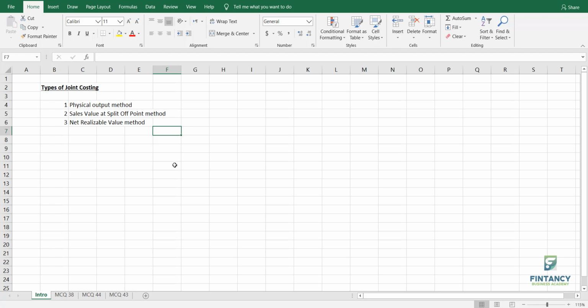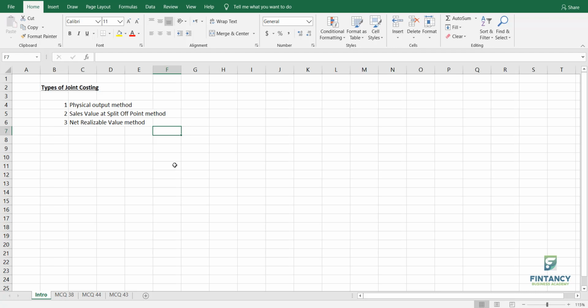Similarly, when you process milk, you will get milk itself, and when you boil the milk, you may also get yogurt, cream, fresh cream, long life cream, and many other things. Butter will come, like that.